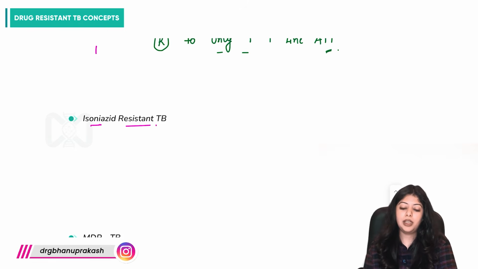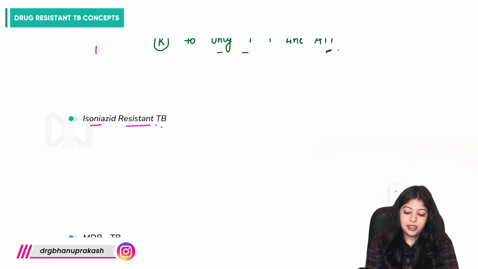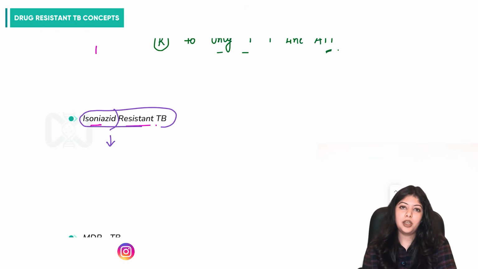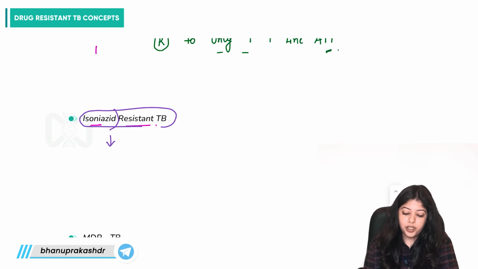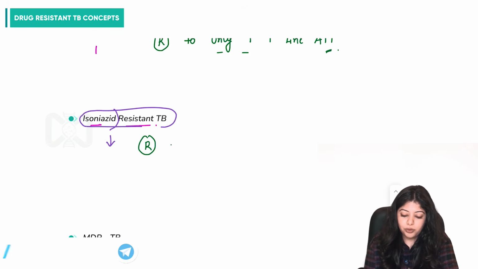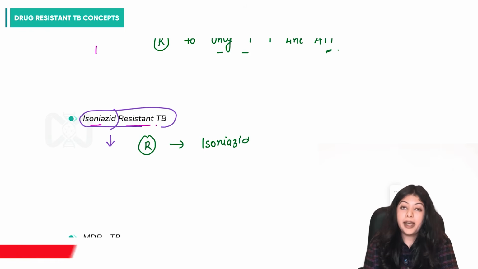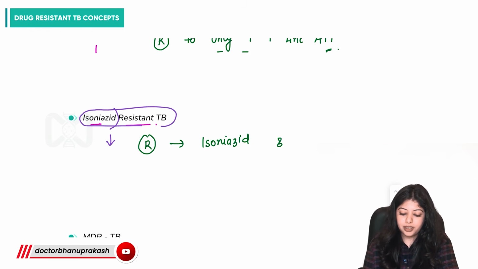isoniazid-resistant TB. This comes from the name itself: isoniazid-resistant TB is defined as any tuberculosis caused by Mycobacterium tuberculosis strains which are resistant to isoniazid, and rifampicin resistance has been ruled out.